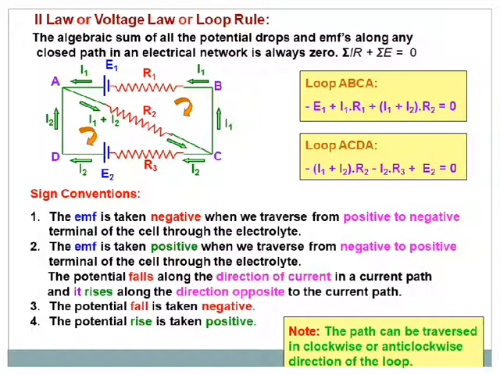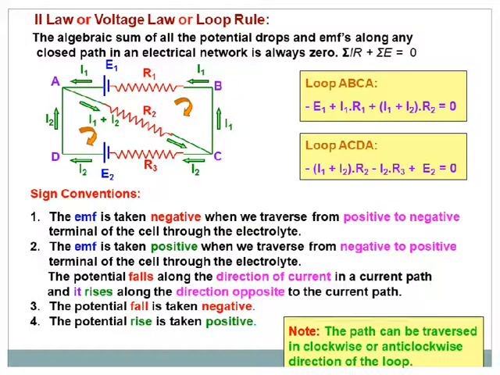So you get the equation: minus (I1 plus I2) into R2 minus I2 R3 plus E2 is equal to 0. In this manner, you consider the signs for potential drop as well as for EMF.